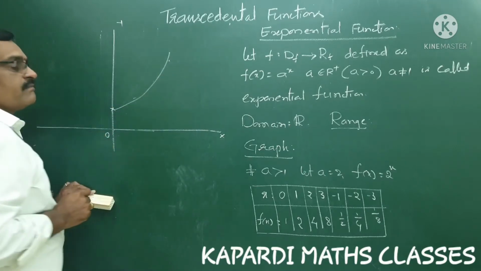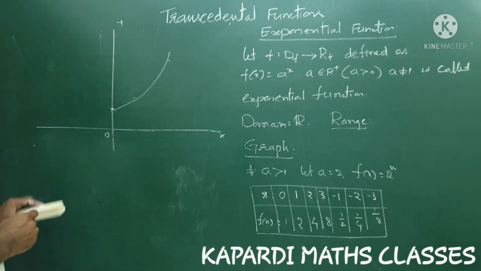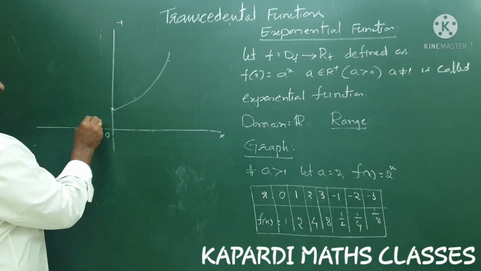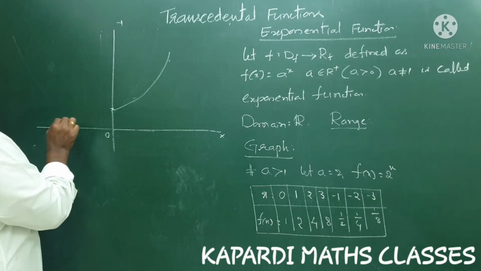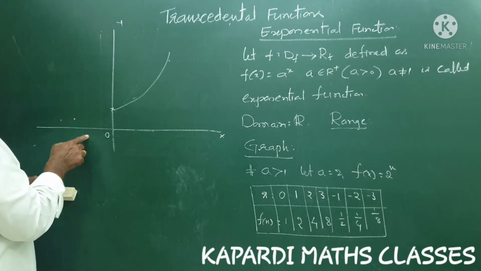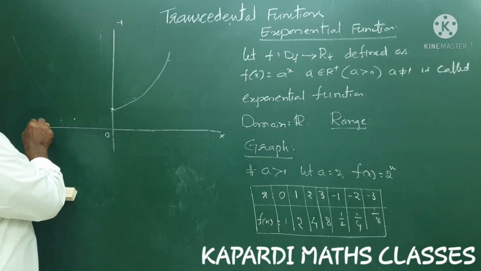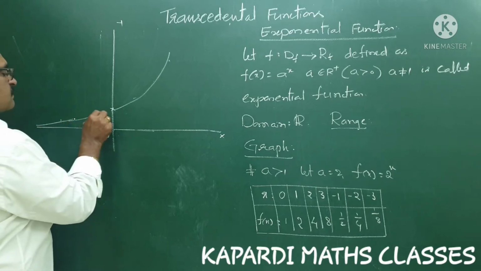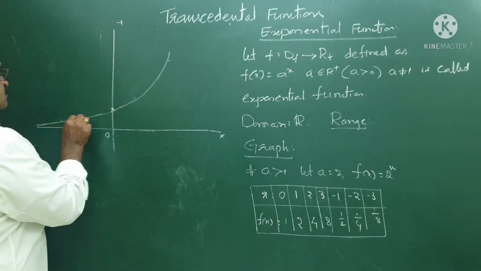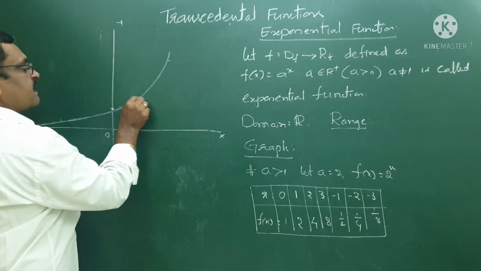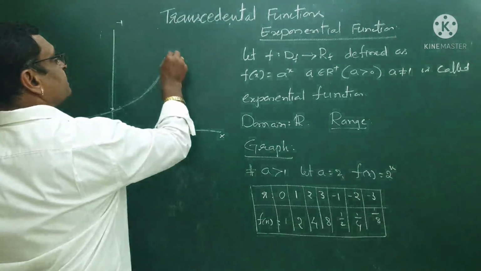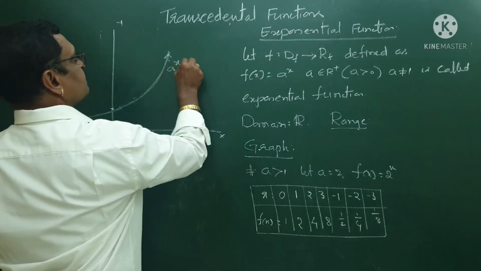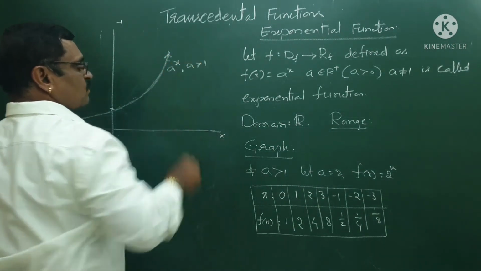When x is equal to minus 1, I will get a point somewhere here. When x is equal to minus 2, here. So when x is approaching negative infinity, my graph is approaching 0. So this is the graph of the function a power x. Of course, it goes to infinity. So this is a power x, where a is greater than 1.